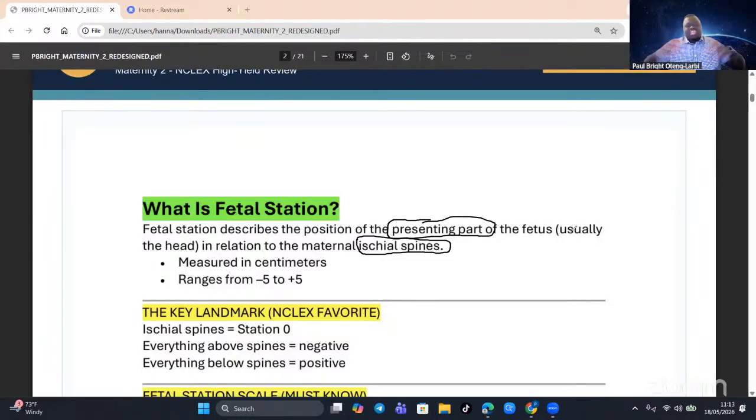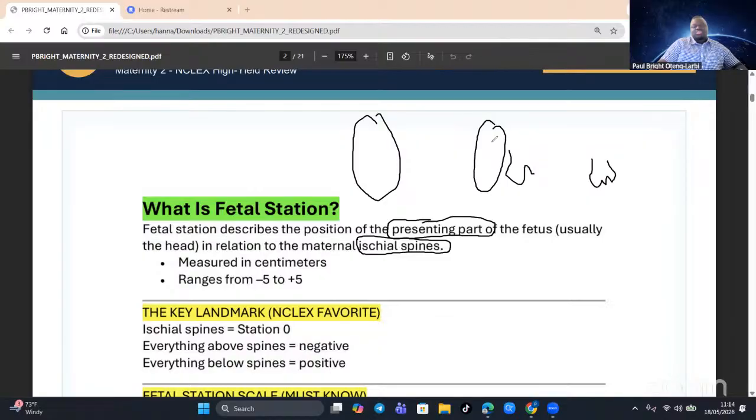Usually, if you take 100 babies, 90 of these babies will come with their head. So we say usually the head, but you can see a baby where the buttocks come first, or the legs come first, whatever comes first. That's the presenting part of the baby in relation to the ischial spine. So if I take the pelvis like this, and this is the ischial spine.